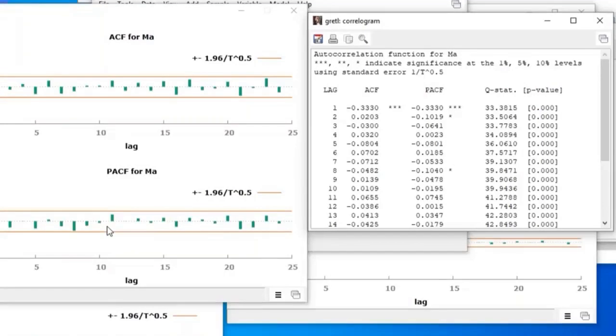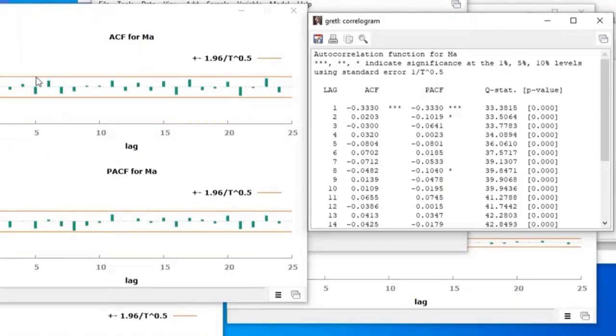So that is why we say that finding out whether it is an AR process or an MA process, and its degree, is very difficult. We have to estimate it and then find out. So this will not give a conclusive idea whether we have an MA series or AR series. Actually, this particular series is generated as an MA series.